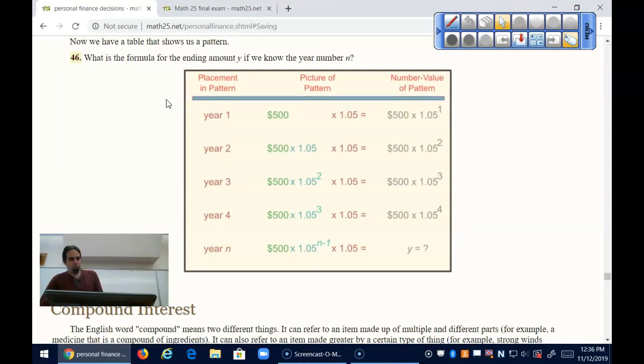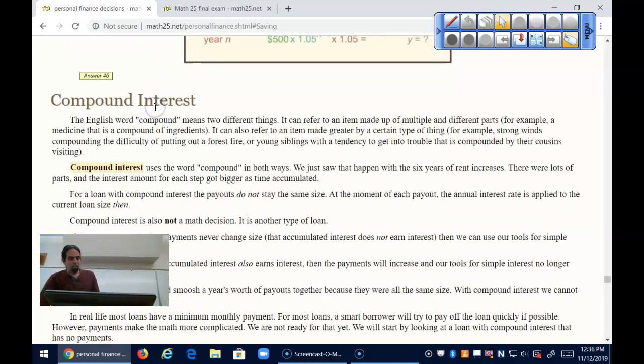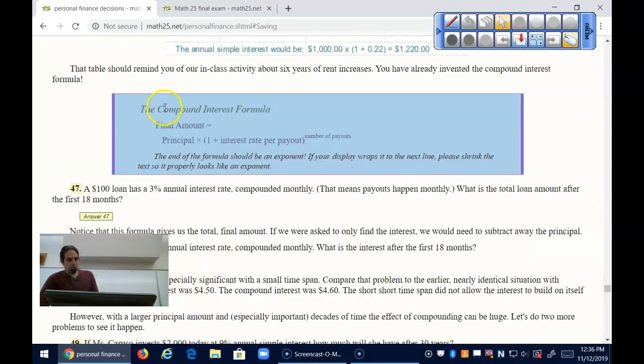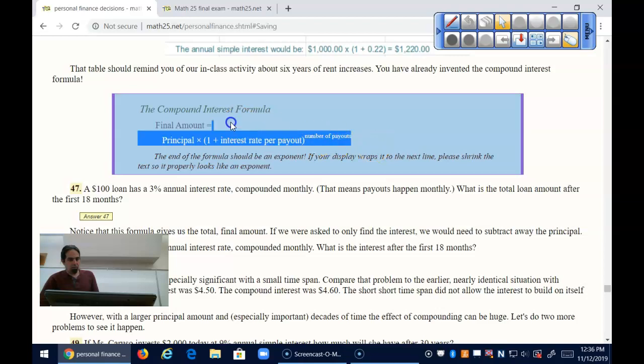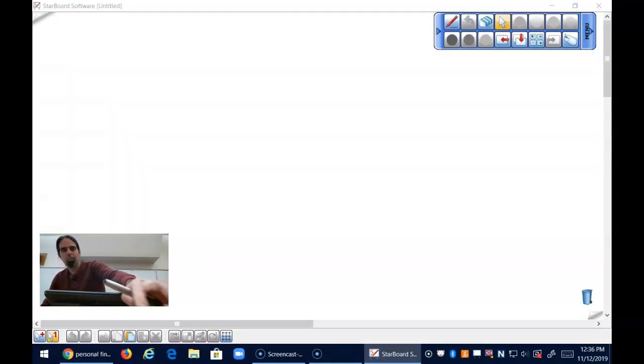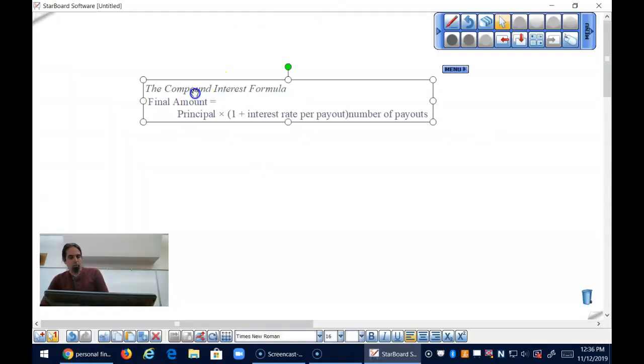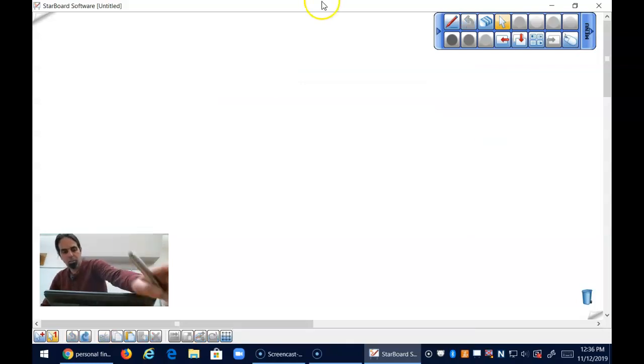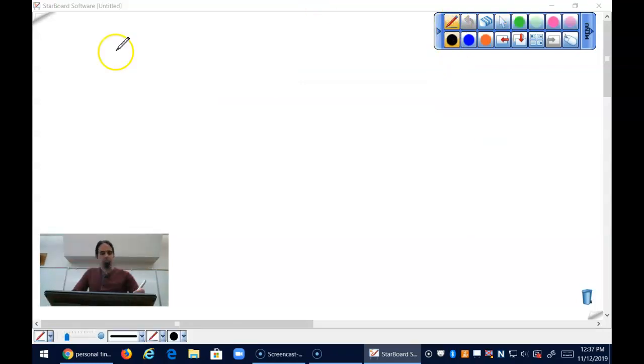Okay, the next situation was compound interest. We did this chart over here where we talked about the pattern that happened. I'm not going to review that again, but we wound up with the formula. I can't even paste it because it gets rid of the exponent, so I will write it big on the screen.